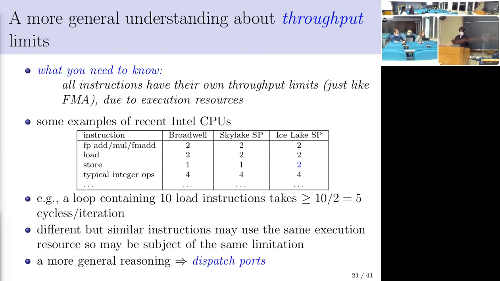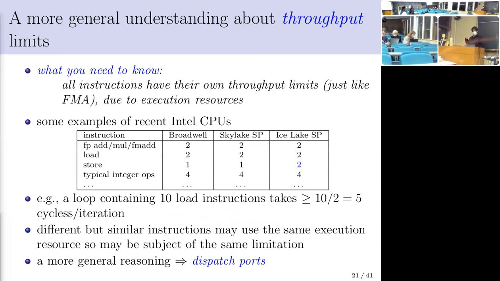When I talked about the throughput, the only thing I was specifically talking about was the FMA throughput, so that the processor can execute up to 2 FMAs per cycle. But this is actually more general.